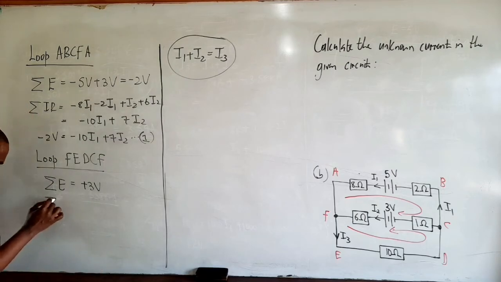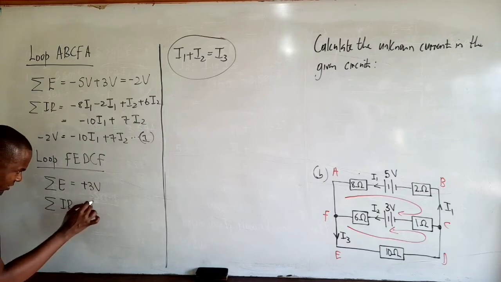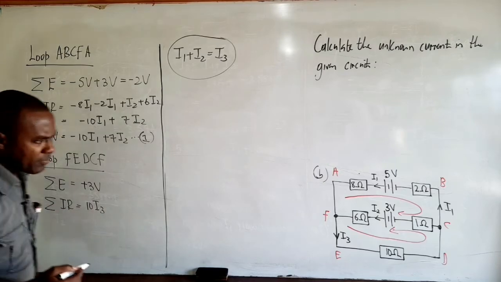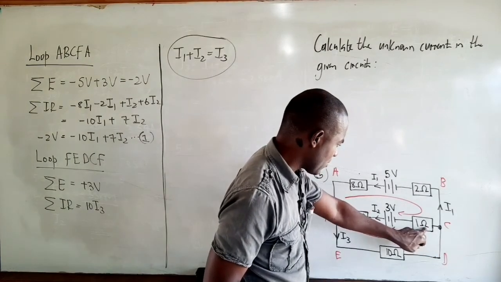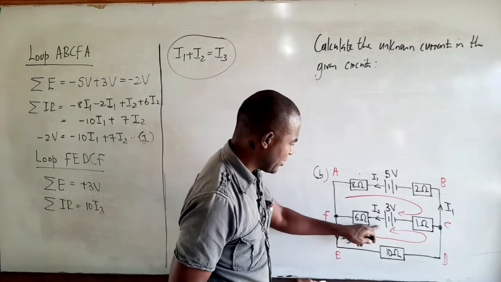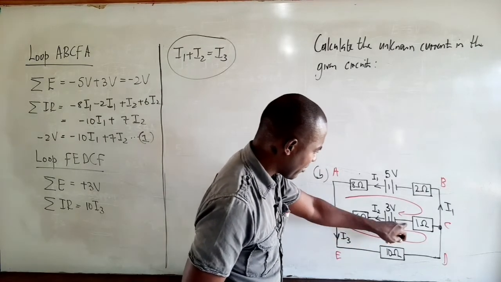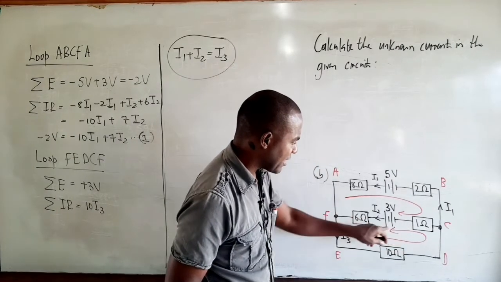So we'll say the sum of IR is equal to 10 I3, and we proceed. Once again, we encounter the 1 ohm through which I2 is flowing, as well as the 6 ohm again through which I2 is also flowing, and both are positive as before because we're going in the same direction that the current is actually flowing.